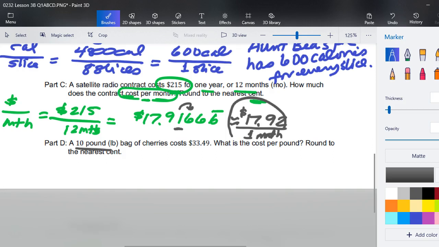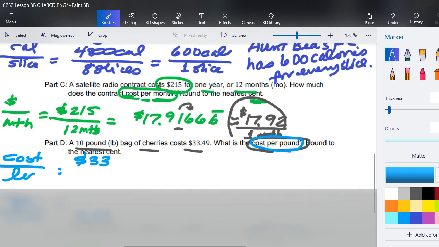D, we have bags, cherries, money. Oops, here it is. What is the cost per pound? Cost per pound. That helps me know exactly what to do. I find the cost of the whole bag. I note that it is 10 pounds in that bag.